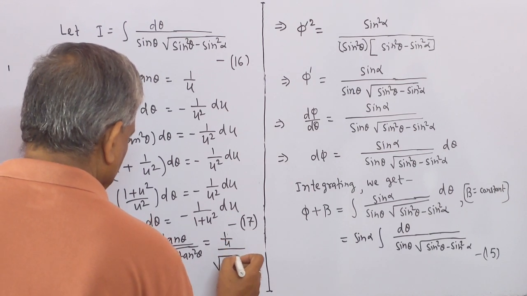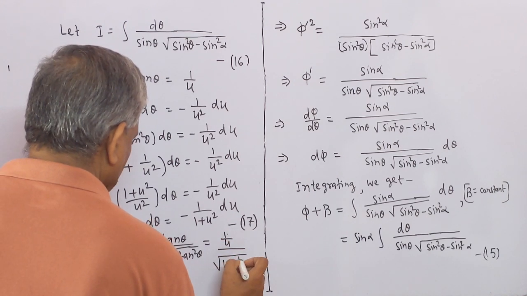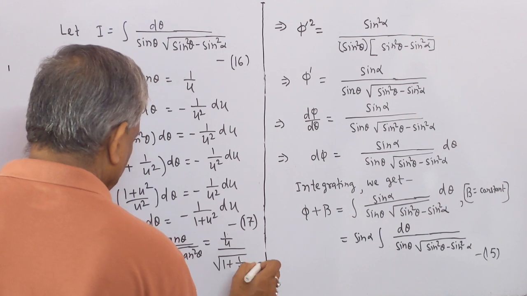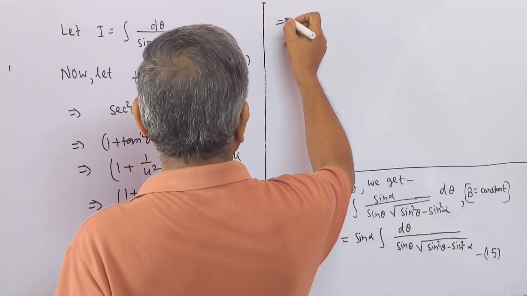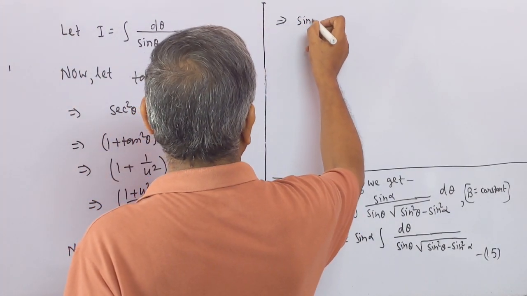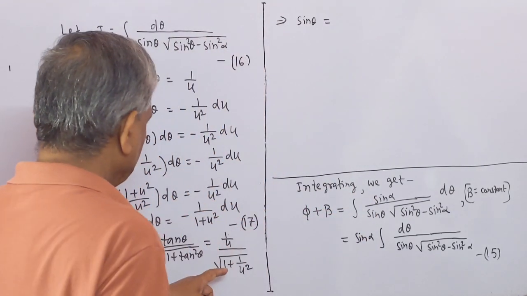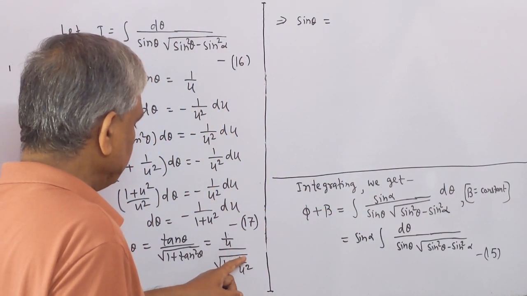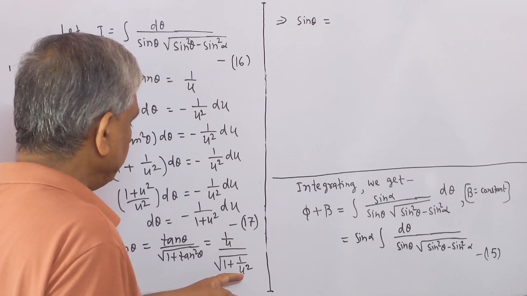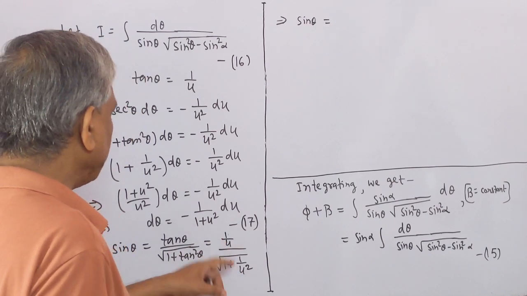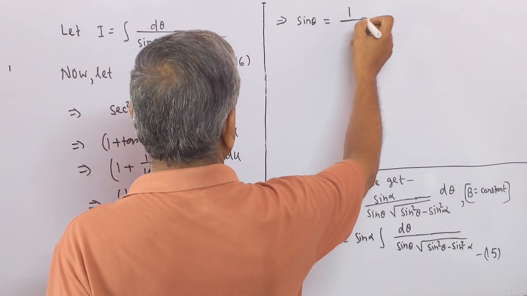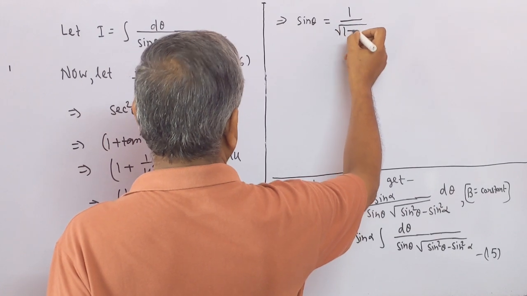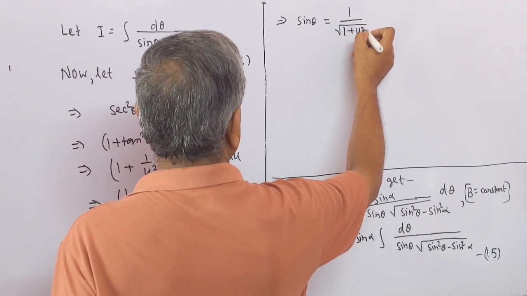So sin theta equals 1 by u divided by square root of 1 plus 1 by u square. If we take the LCM, u square, here 1 plus u square, square root of u square is u, cancel, so this remains 1 by square root of 1 plus u square.